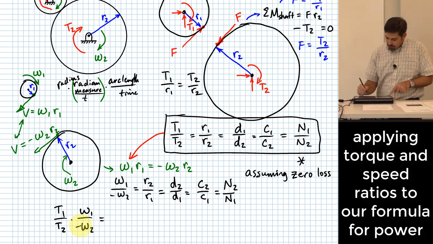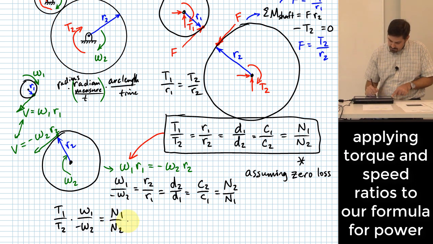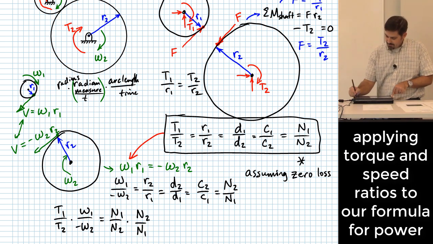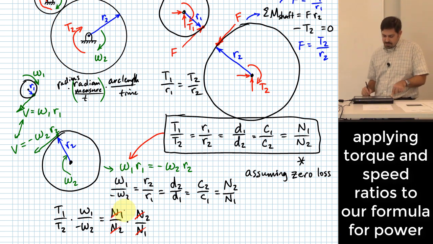If we actually plug these in, it's going to be equal to N1 over N2 times N2 over N1. So everything cancels. And what does this tell us?